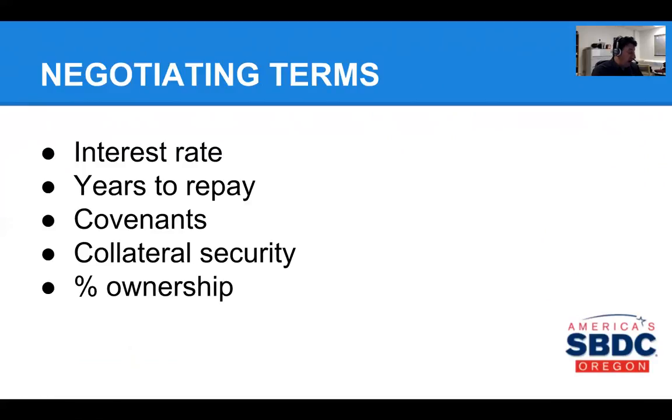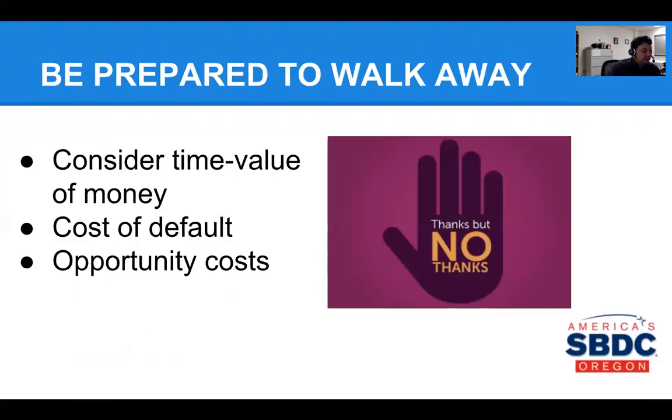In some cases, you have to put up collateral. And if you're getting private money, what percent ownership are you willing to give up? These are all things that are negotiable. It's a very good idea to first and foremost talk to your small business development center counselor and get some advice, but then also review that with an attorney and in some cases an accountant.